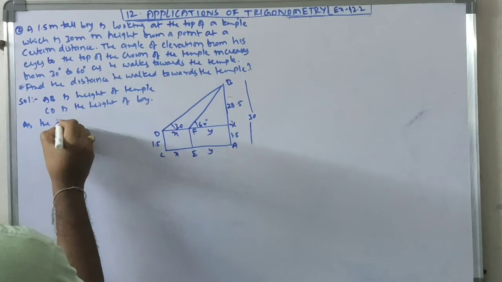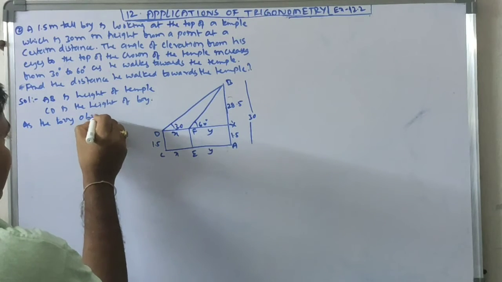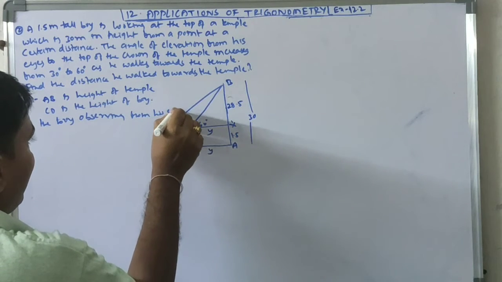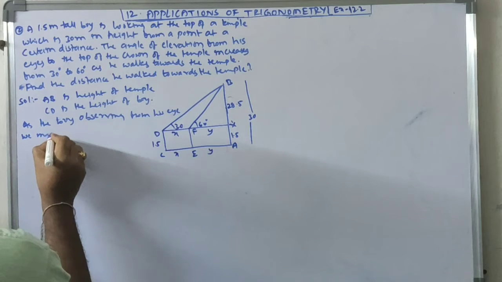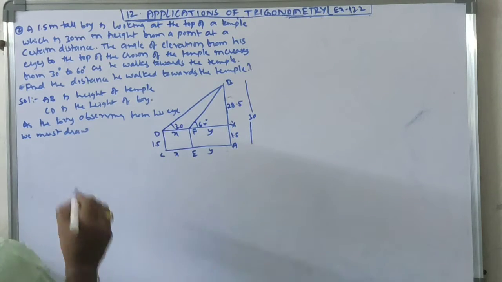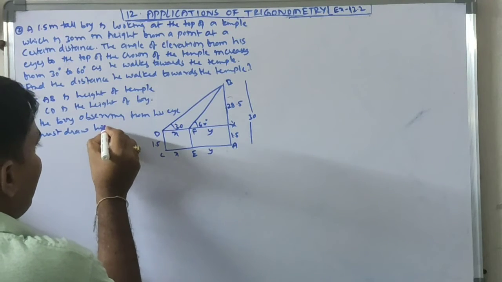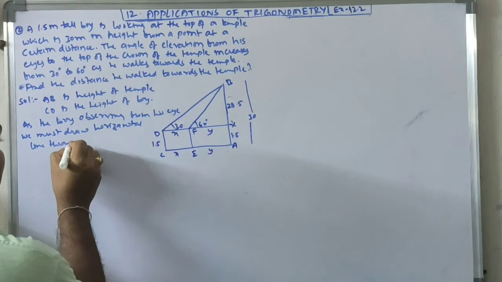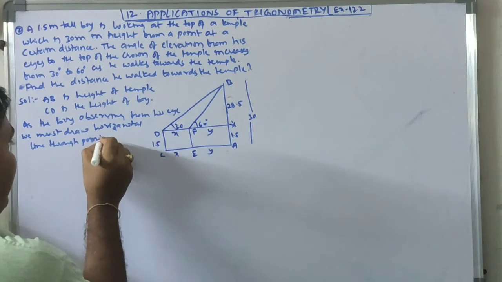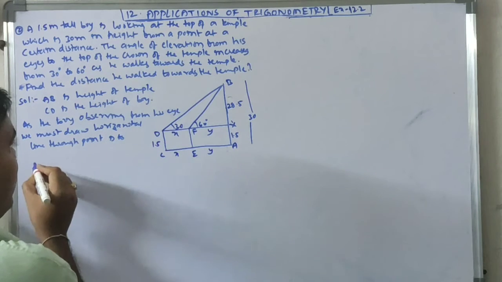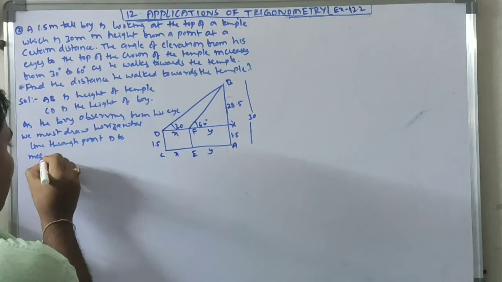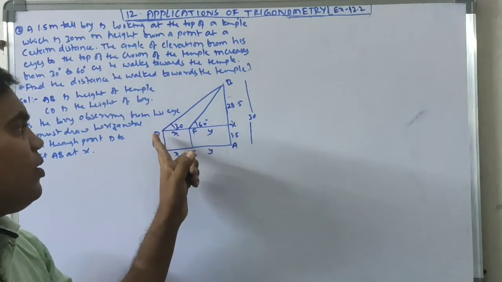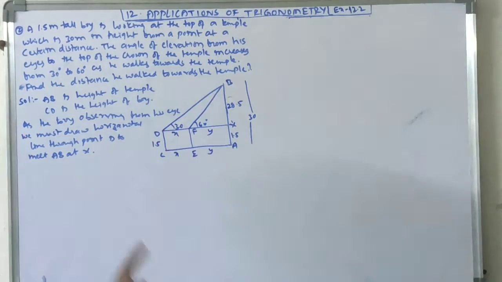As the boy is observing from his eye, we must draw a horizontal line through point D, which meets AB at X.